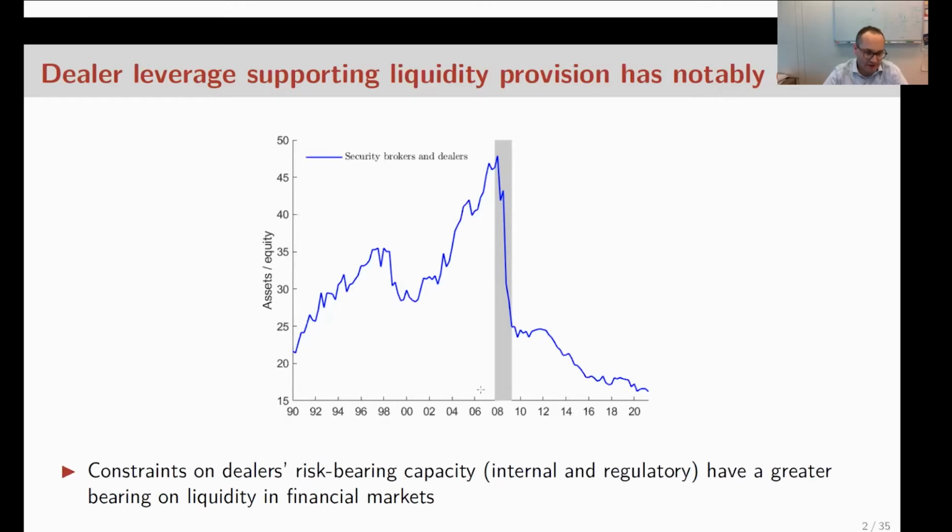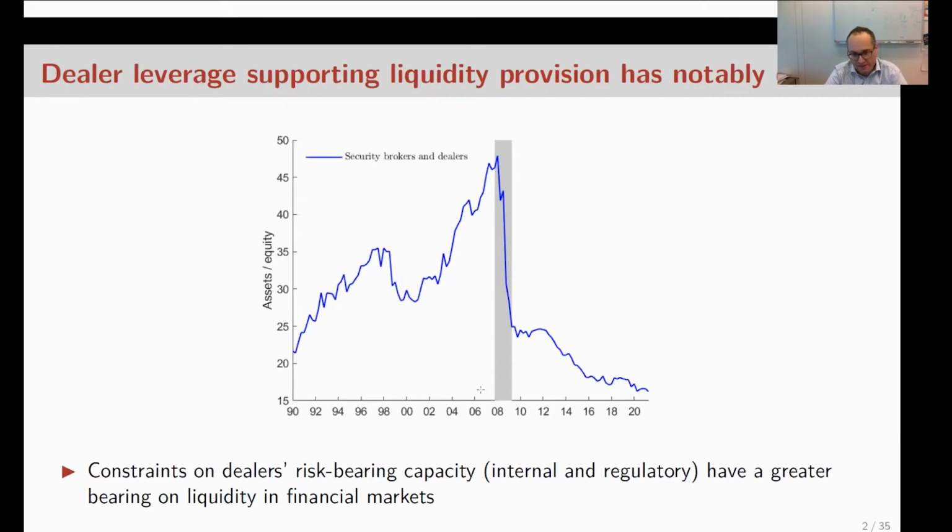And given the fact that the dealers are the major market intermediaries, it essentially means that leverage is heavily supporting their liquidity provision. Now, what we've seen in 08 and 09, you can see it in the shaded gray area, is a massive deleveraging of the sector.